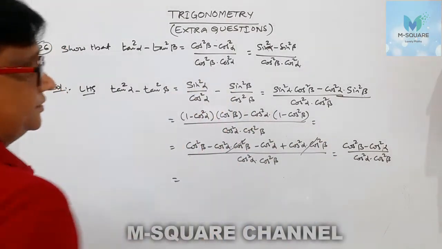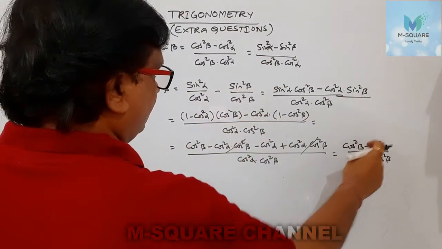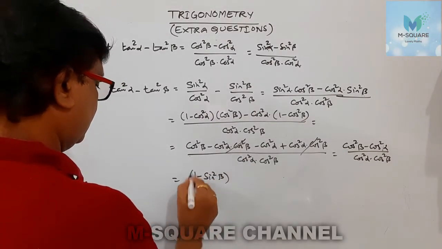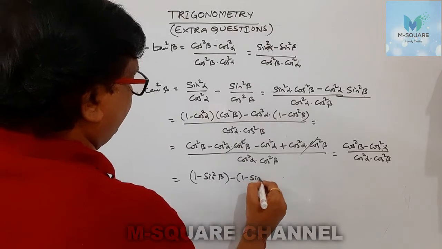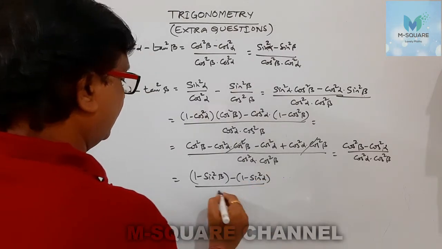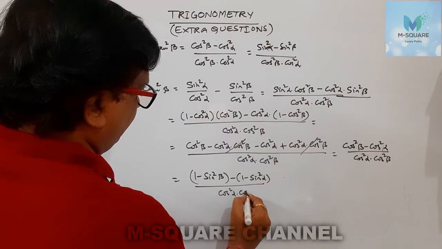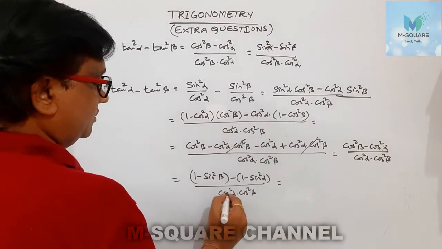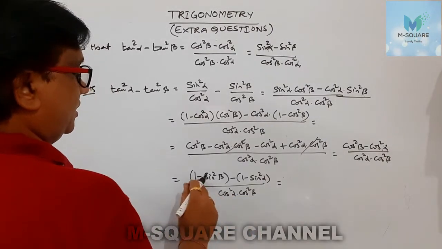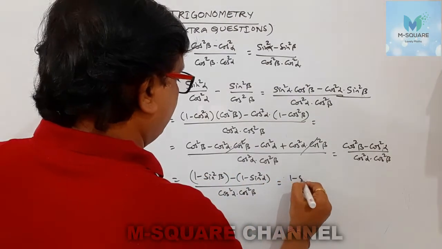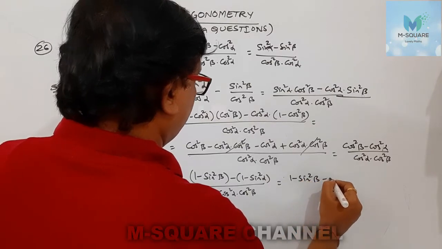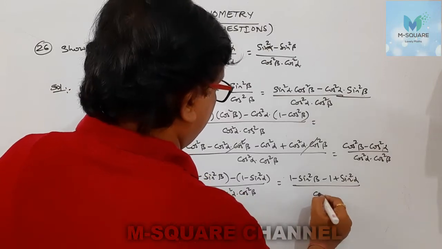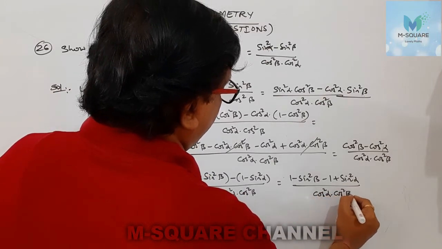That is the first RHS. For the second RHS, we are going to convert these two: (1 minus sin square beta) minus (1 minus sin square alpha) by cos square alpha into cos square beta. So after removing the brackets, 1 minus sin square beta minus 1 plus sin square alpha by cos square alpha into cos square beta.